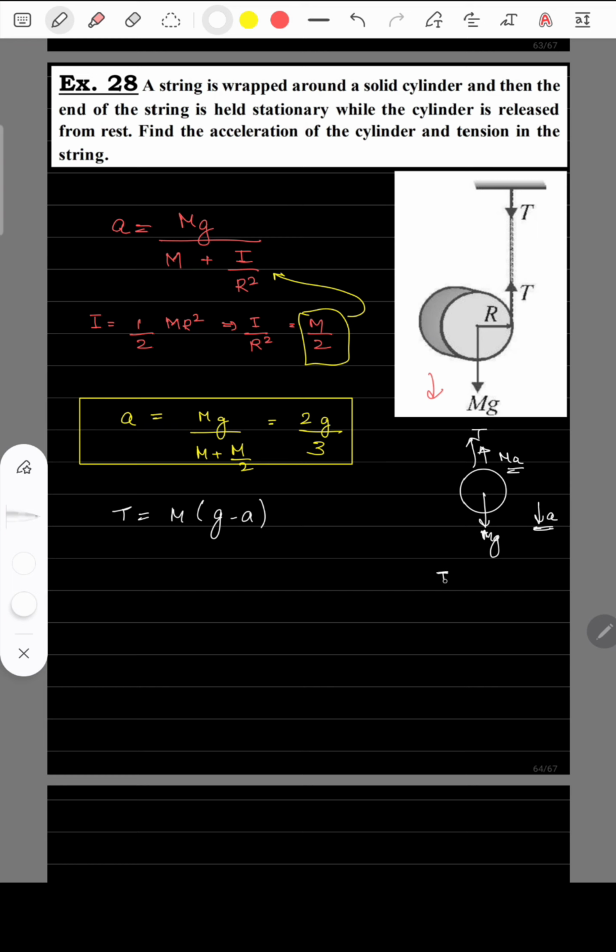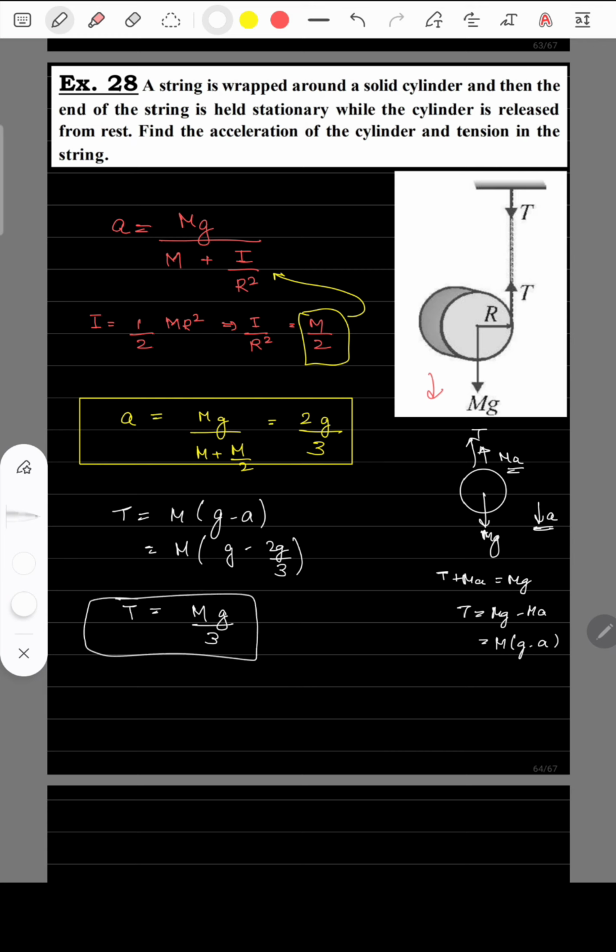So from here we can write T plus ma equal to mg, hence T equal to mg minus ma equal to m into g minus a. Putting the value of acceleration which we have already found, g minus 2g by 3 equal to m into g by 3 is the answer for the tension.